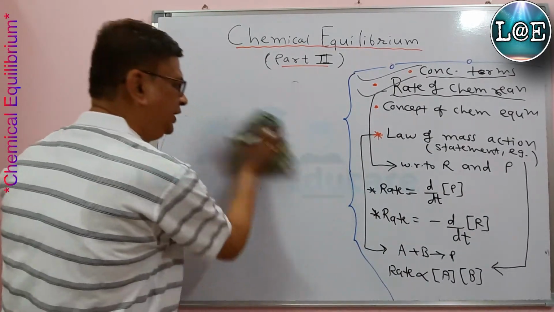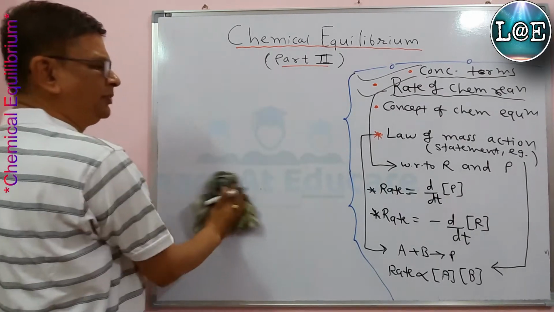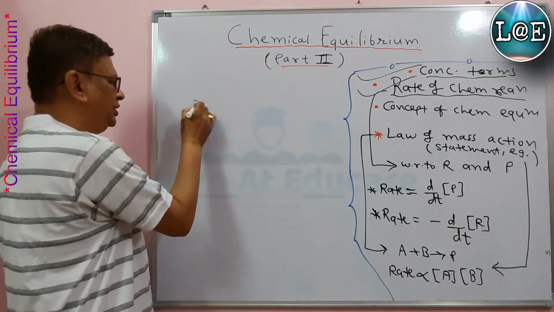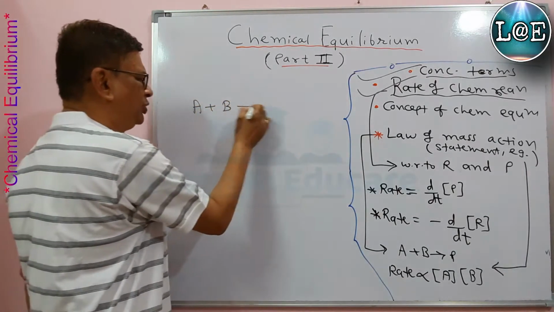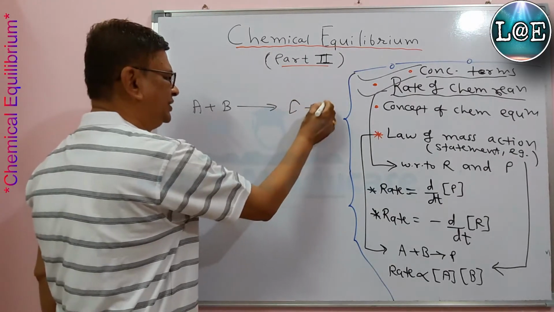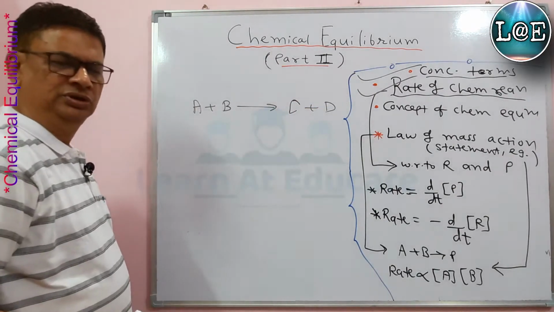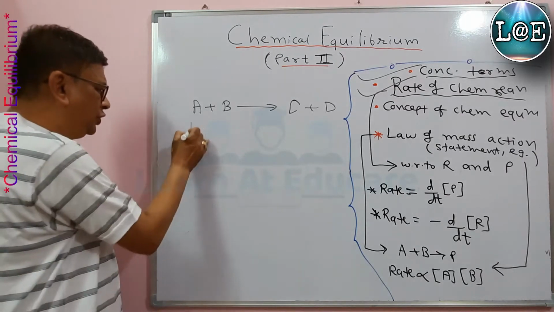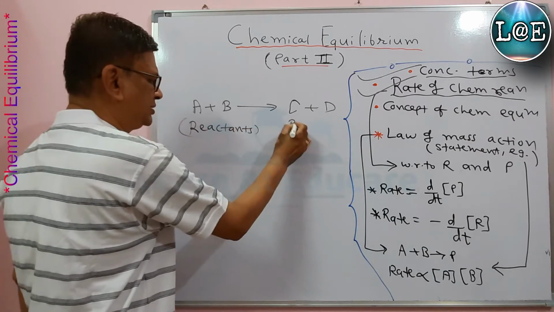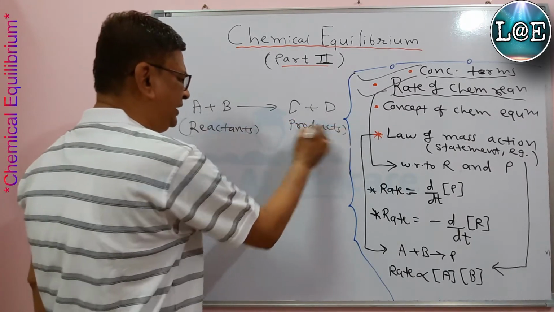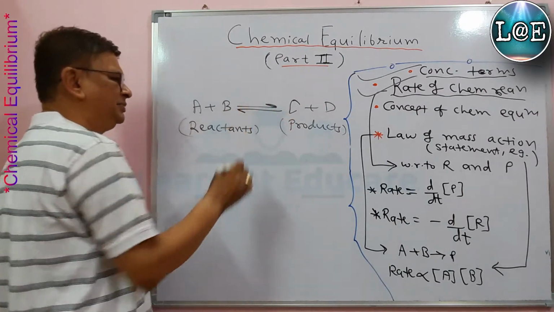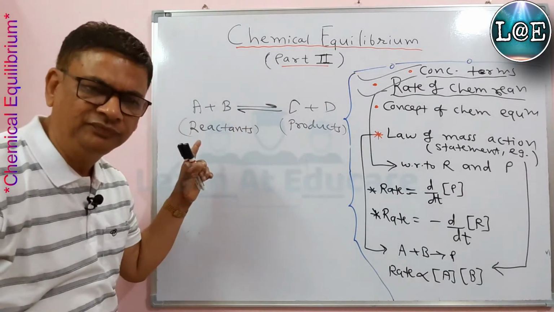Then now we deal with the concept of chemical equilibrium. Suppose we take a general reaction, A and B are the reactants, and after the reaction completion, they give C and D. We know these are called reactants, these are called products, and if the reaction is reversible, it will give reactant again after some time by backward reaction, correct?